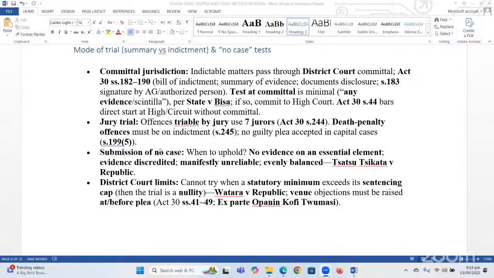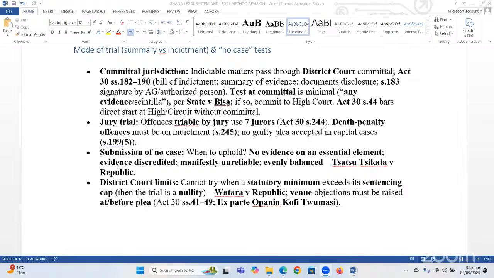So at the committal stage, it's just to find out whether all the requirements for the indictable offense are in order. And as I said, it's done at the district court, not at the circuit court or the high court, only at the district court. But the trial will take place in the high court. So we have the jury trial, where you have a 7-member jury under section 244, Act 30.